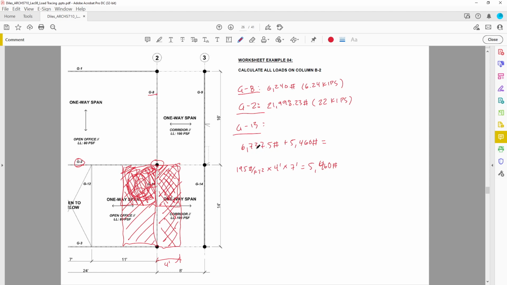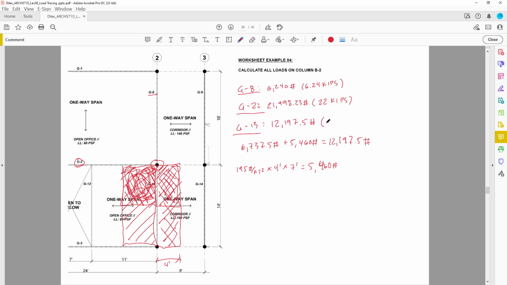So we're going to add 6,737.5 plus 5,460. That looks better. 12,197.5 pounds. So the load from G13 is going to be 12,197.5 pounds.